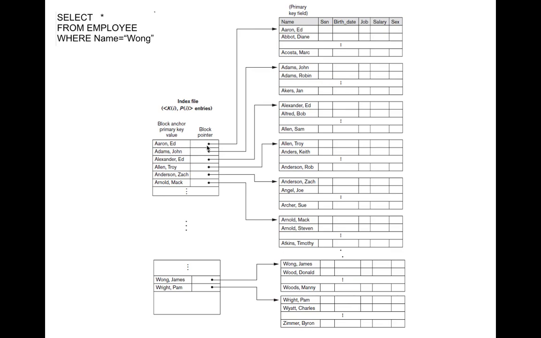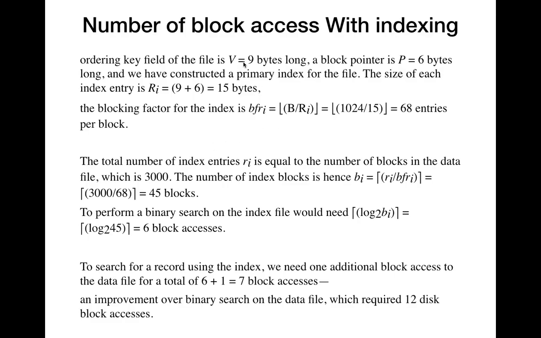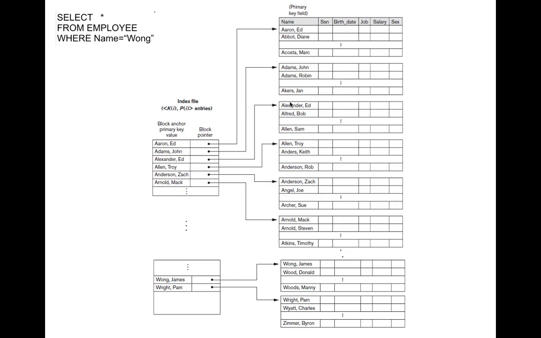V, which is the ordering key field, is 9 bytes. Block pointer is 6 bytes. So each index entry would be 9 plus 6, 15 bytes, right? So each index entry would be 15 bytes.